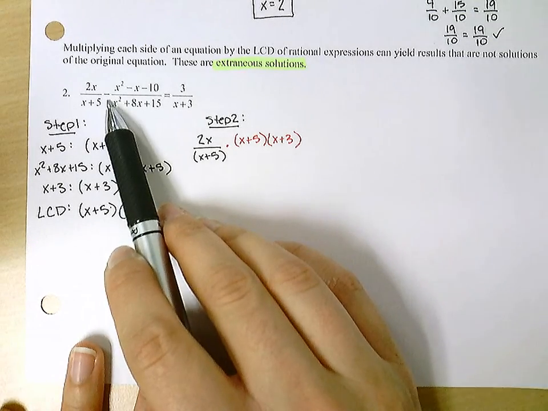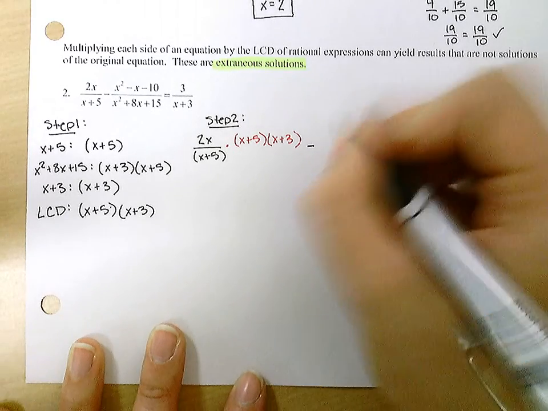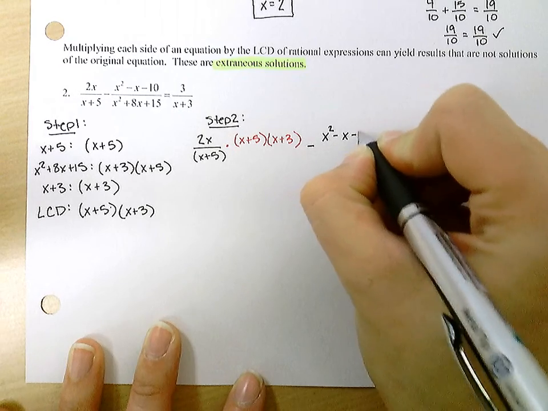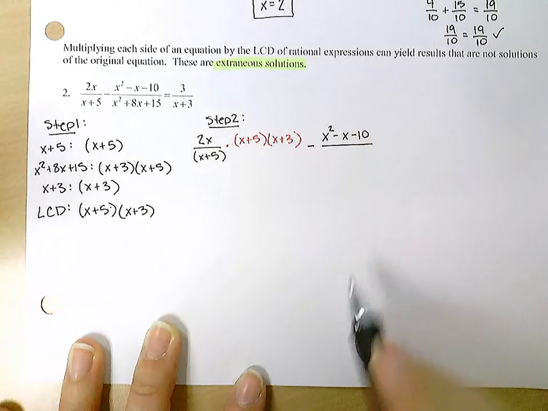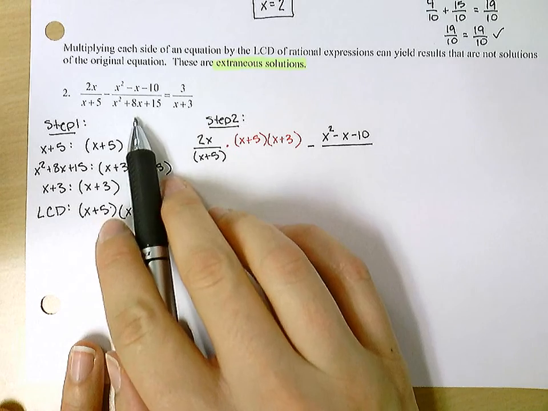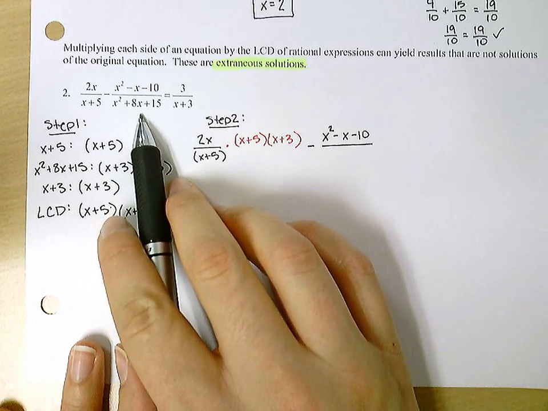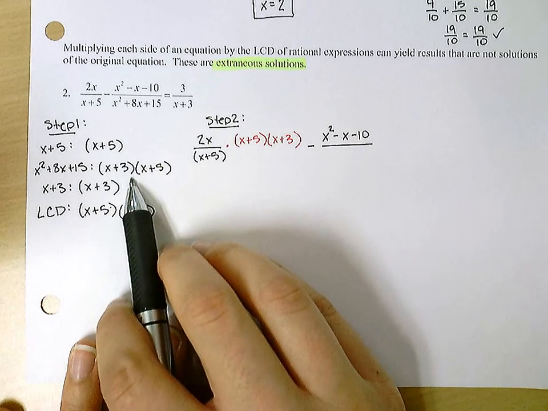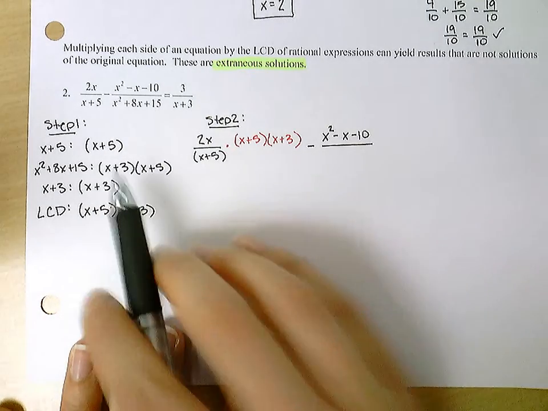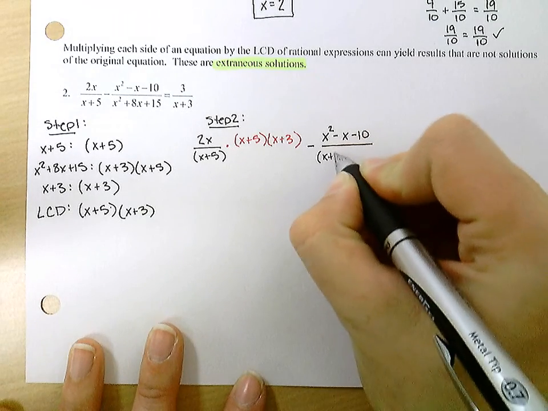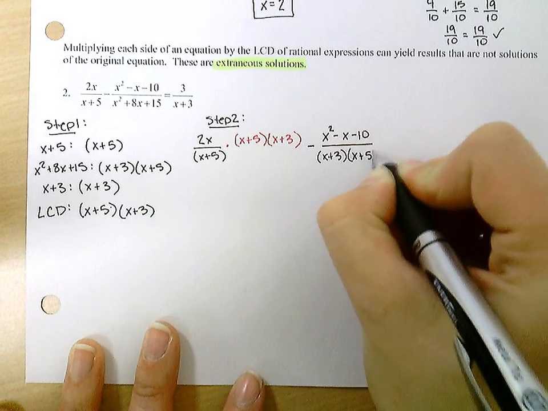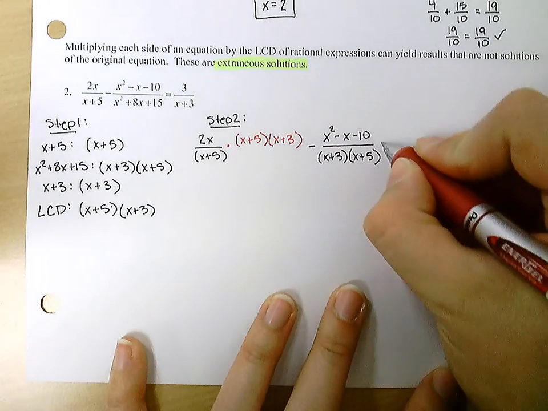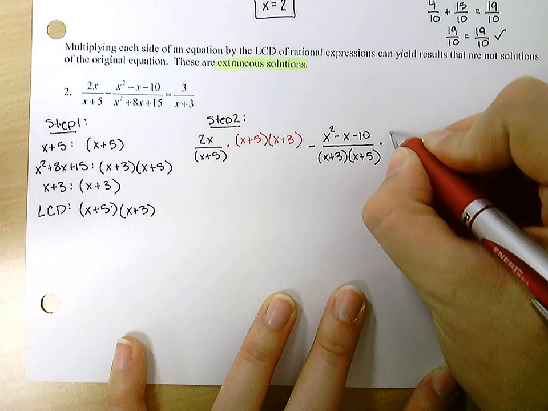Moving to your next fraction, we're subtracting x squared minus x minus 10 over, I'm going to write this as the factored version, which we already factored, so you don't have to refactor it. So I want to rewrite this as x plus 3 times x plus 5. That way when I multiply by the least common denominator, it's easier to cancel.